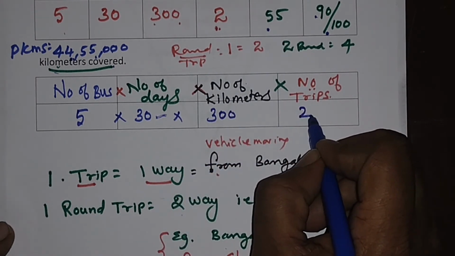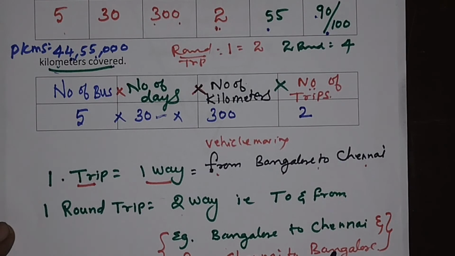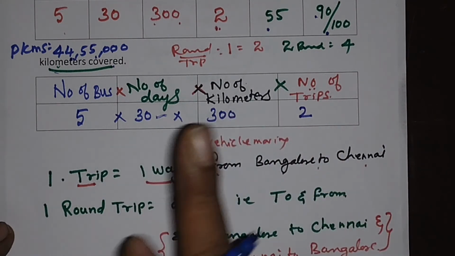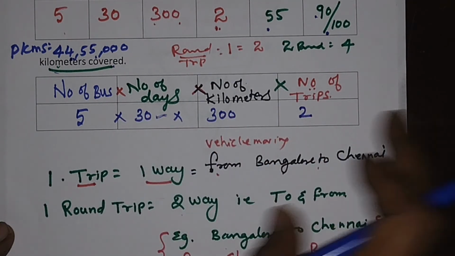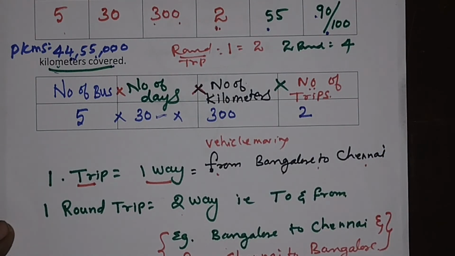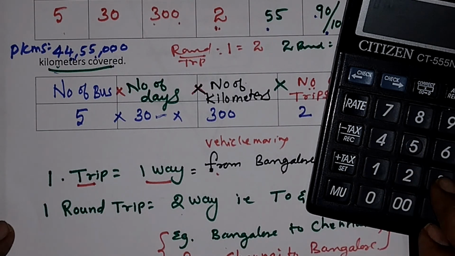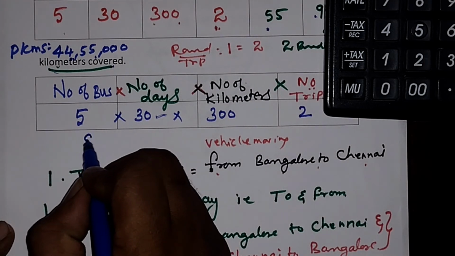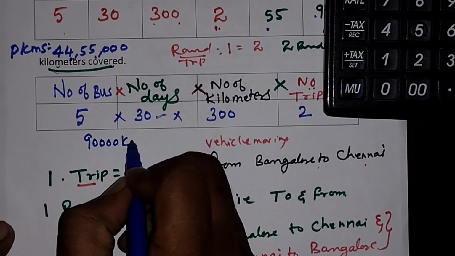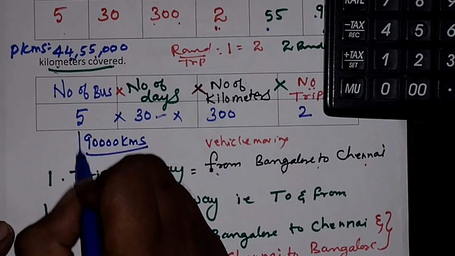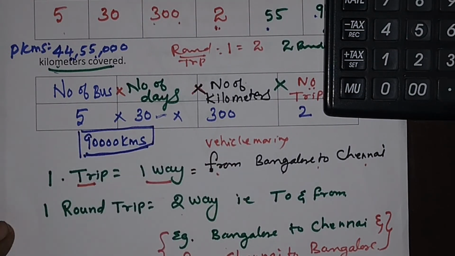Number of trips is 2, because per day only one going to Chennai and one return to Bangalore is possible. So 5 buses into 30 days into 300 into 2 equals 90,000 kilometers. That's it about this calculation of per passenger kilometer and the distance covered.